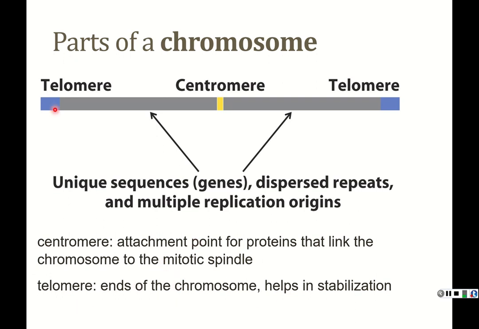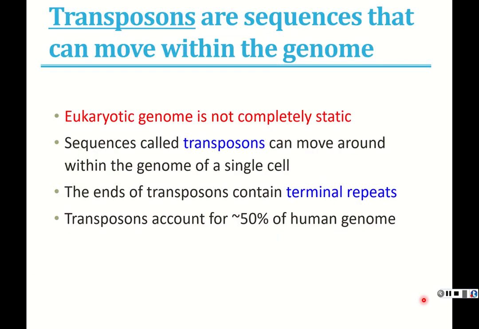These telomere sequences help in stabilization, or are thought to. Unlike bacterial or viral DNA, eukaryotic DNA is linear, so you have to protect the ends from unwinding or breaking off. That's where these telomere regions are helpful.